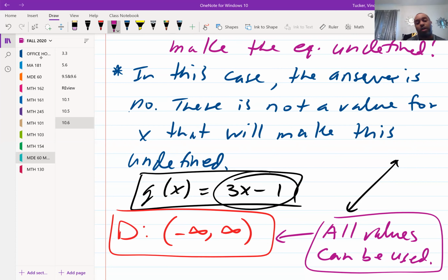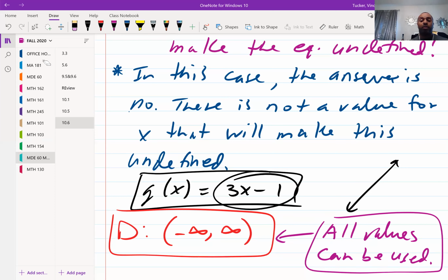With a regular linear equation like we have here, there's nothing pre-existing that makes something undefined. When you go further, if you have a radical, a square root, you cannot take the square root of a negative number. That would be a pre-existing condition: when am I going to get negative numbers under my radical? I didn't see any of those in your homework problems, so you shouldn't get any.